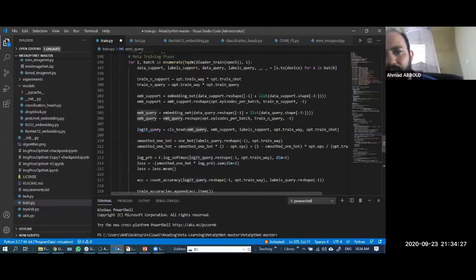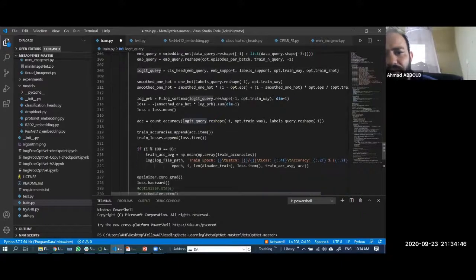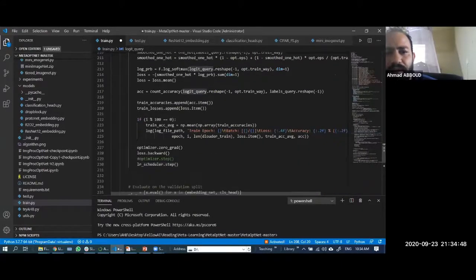By default this runs for 60 epochs, and you can see that we are training both models in the same epoch.